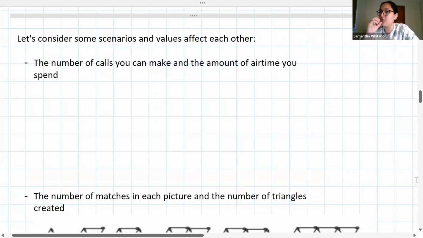On the chat, tell me, if you make more calls, do you spend more, or do you spend less? Just use your logical brain. If I make 100 calls versus 50 calls, does making more calls mean I spend more airtime or less airtime?